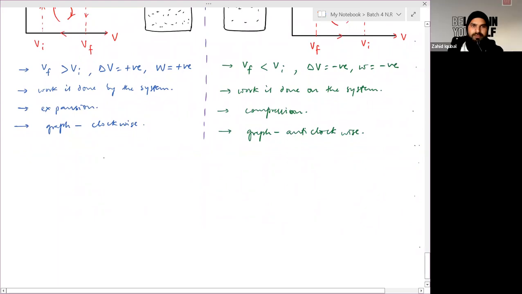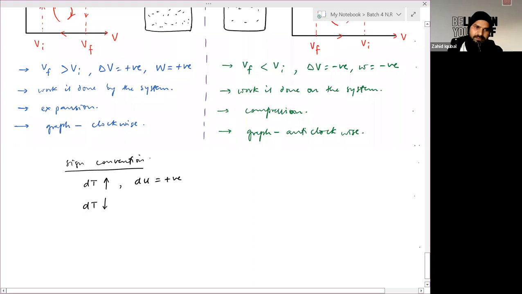For the above part, for internal energy and heat, let me define the sign convention. If the temperature of the system is increasing, the change in internal energy will be positive.